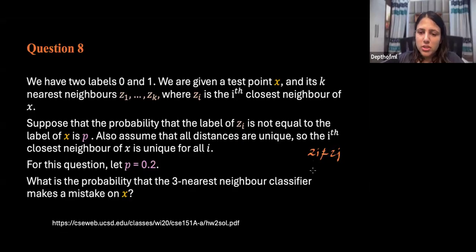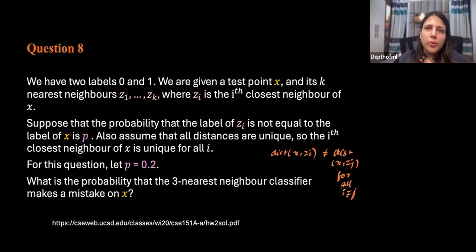So the distance between X and Zi is not equal to the distance between X and Zj for all i not equal to j. So no two neighbors are at the same distance from the query point X.